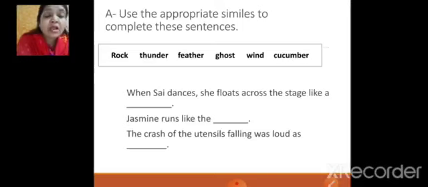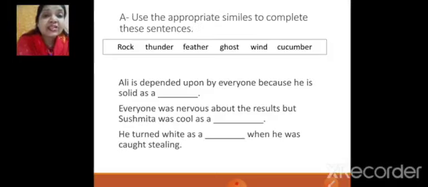Next one. The crash of the utensils falling was loud as dash. Next one. Ali is depended upon by everyone because he is solid as a dash. I repeat, Ali is depended upon by everyone because he is solid as a dash.